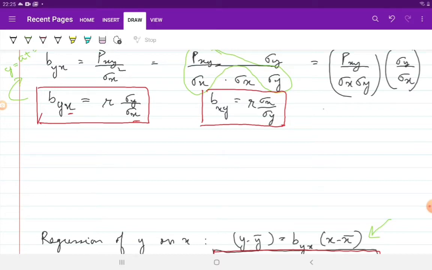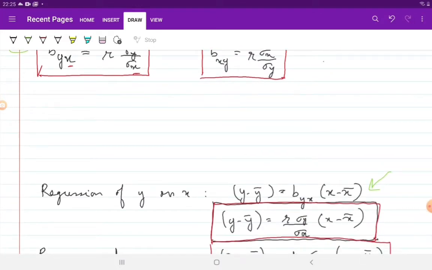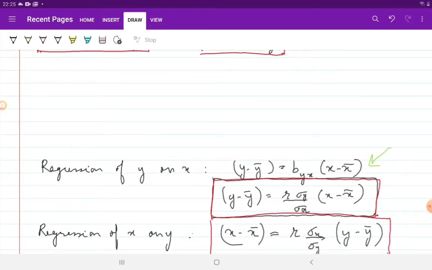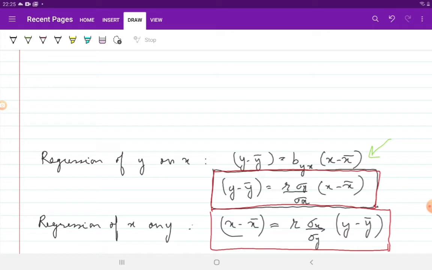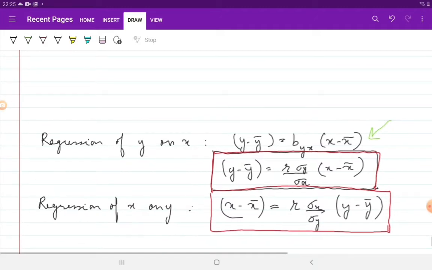So this relation can be expressed in this format: y minus y bar is equal to r times sigma y by sigma x, and if you have regression of x on y, in the same way you can replace the regression coefficient bxy with r times sigma x by sigma y. So like I mentioned earlier, do remember these relations. They are very helpful and give you quick shortcuts to solve MCQs related to statistics and regression analysis.